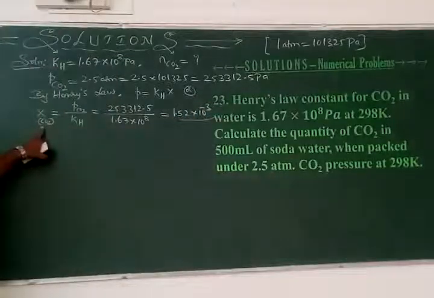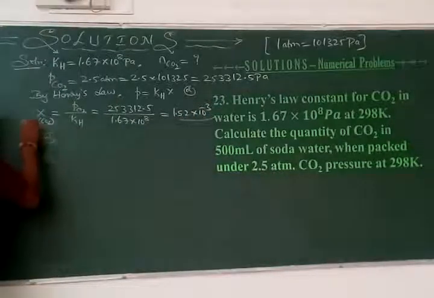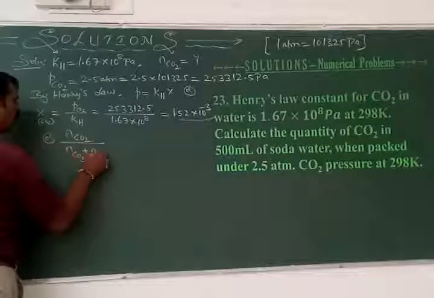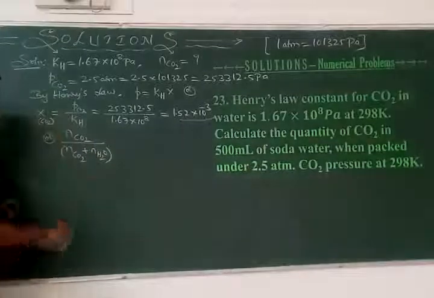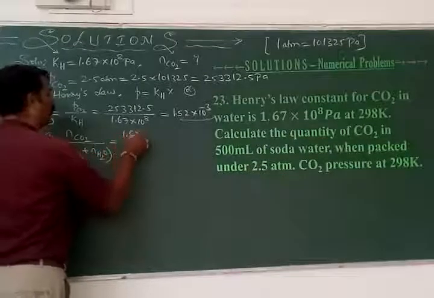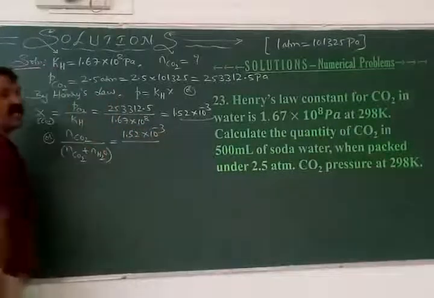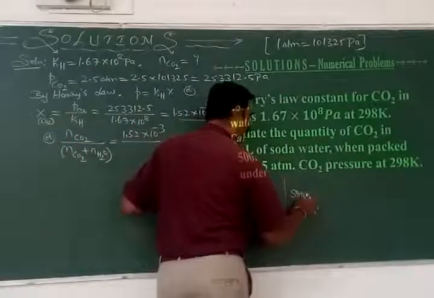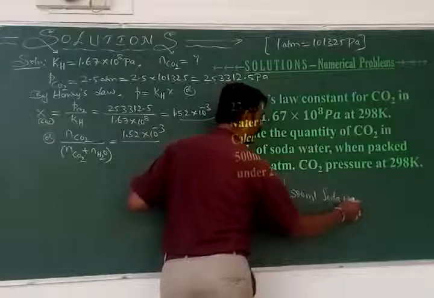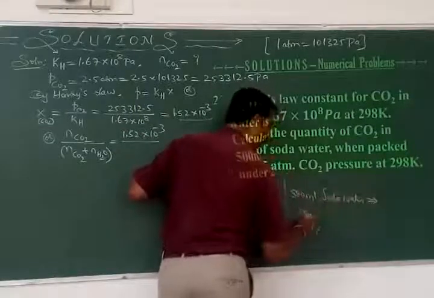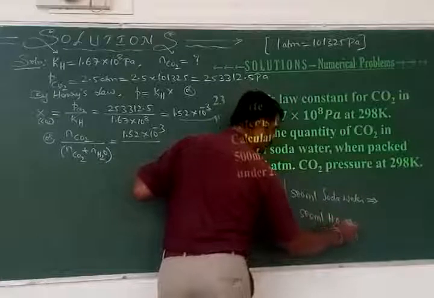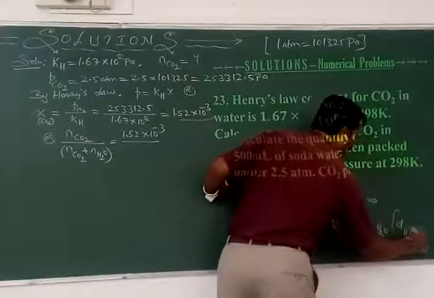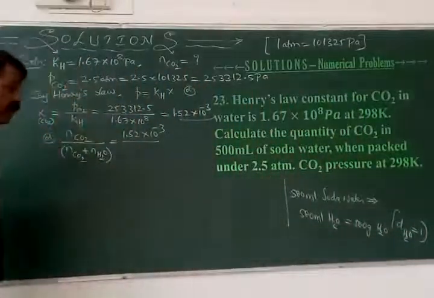What is this? Mole fraction. Mole fraction is the number of moles of carbon dioxide divided by number of moles of carbon dioxide plus number of moles of water. So 500 ml of soda water means 500 ml of water itself, which is equal to 500 grams of water, because the density of water is 1.